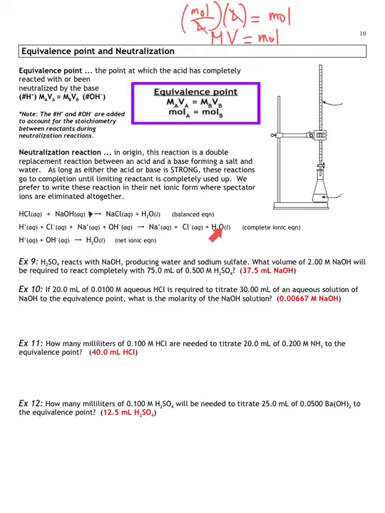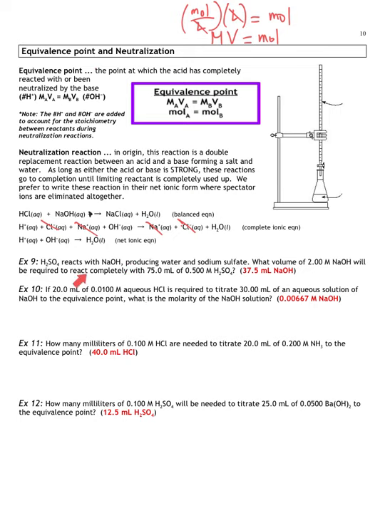It's actually my driving force. You'll notice that when I cross out all my spectator ions and aim for my net ionic equation, I am left with water, the driving force, and the ions that make up water, which are hydrogen ion and hydroxide ion.